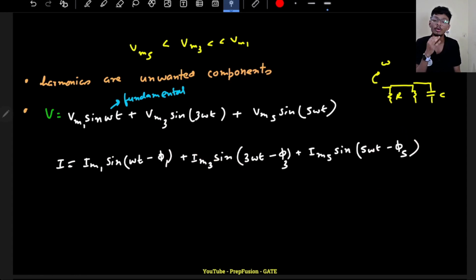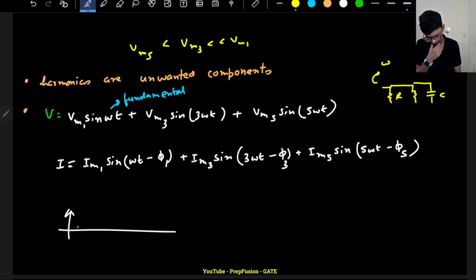How do harmonics come? Generally our aim is to develop a pure sine wave, but actually we are not able to develop a pure sine wave. And if the input voltage is not a pure sine wave, then in a transformer the working also will not be pure sine wave.